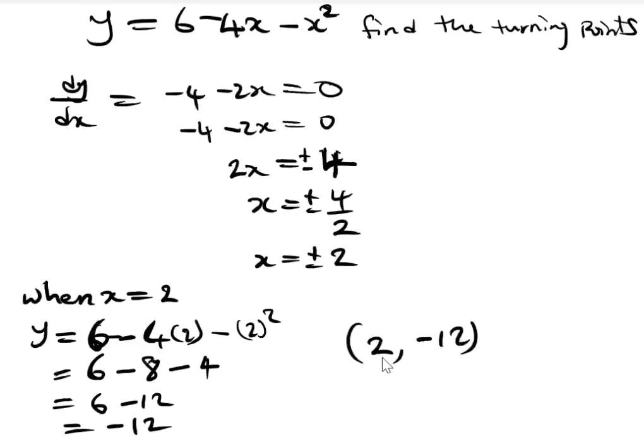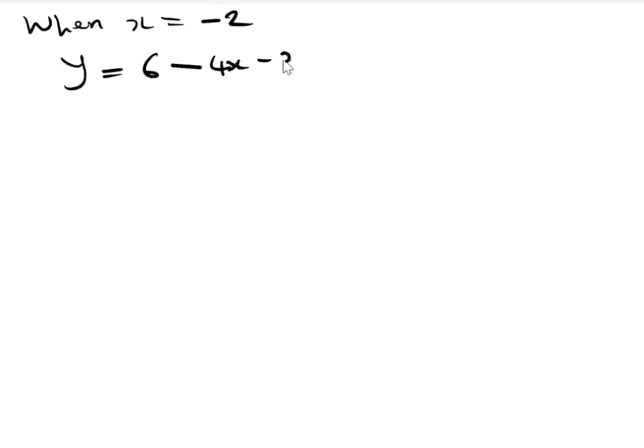And when x is equal to minus 2, we have the original equation to be 6 minus 4x minus x squared. y will be equal to 6 minus 4 into minus 2, minus minus 2 all squared.